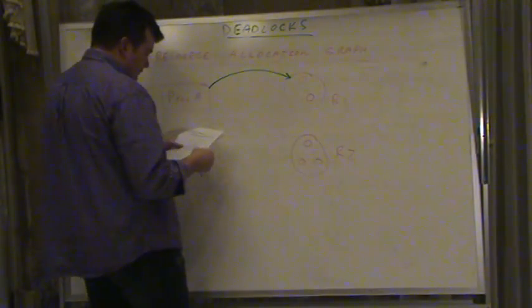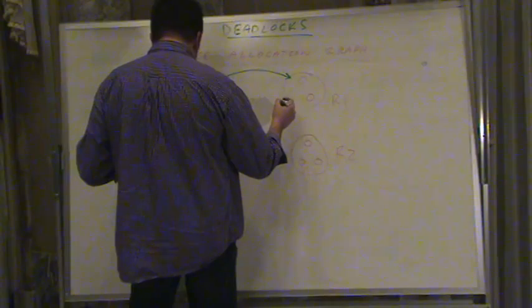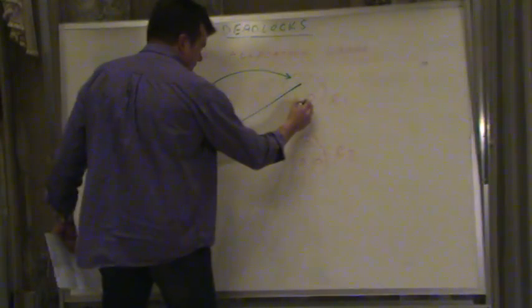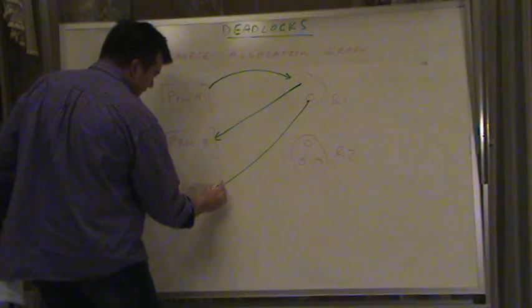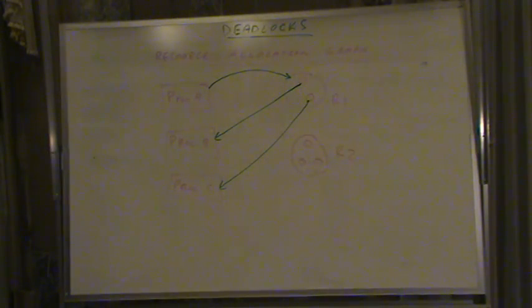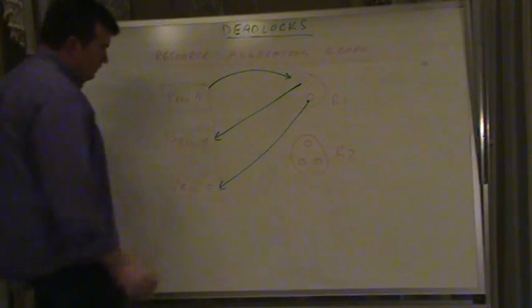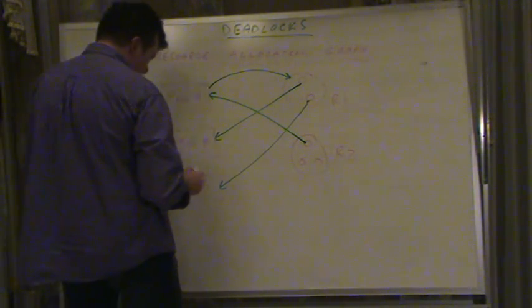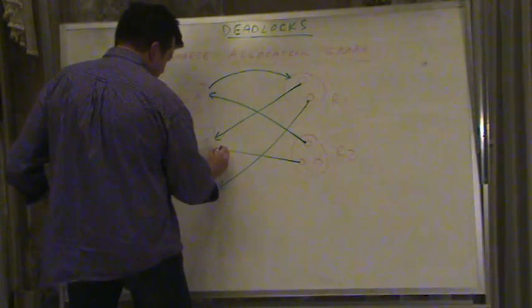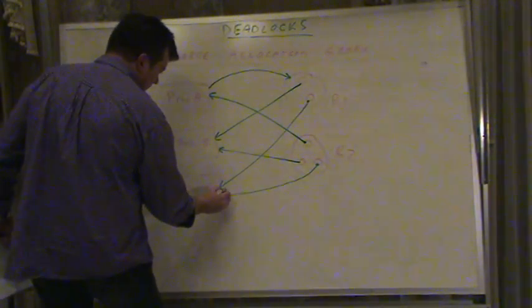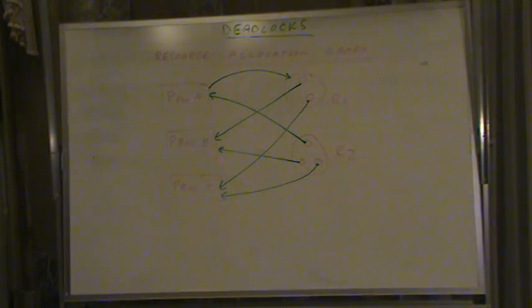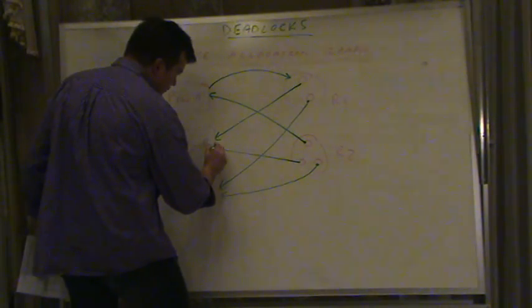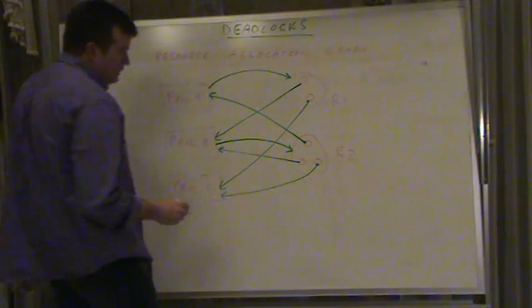Process A is requesting resource 1, but at the present moment one of them has been allocated to process B, and one of them has been allocated to process C. And then one of resource 2 has been allocated to process A, one has been allocated to process B, and one of resource 2 has been allocated to process C. And let's say process B is also requesting resource 2, but that request is currently unsatisfied.